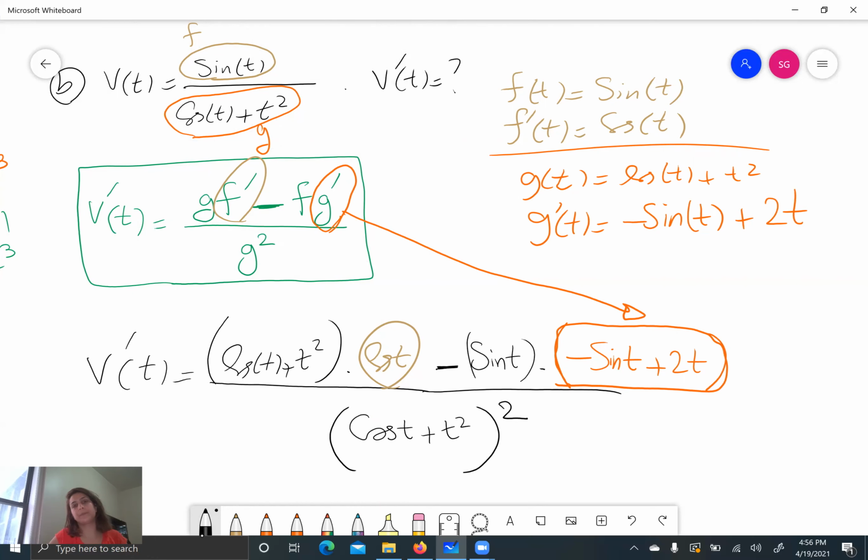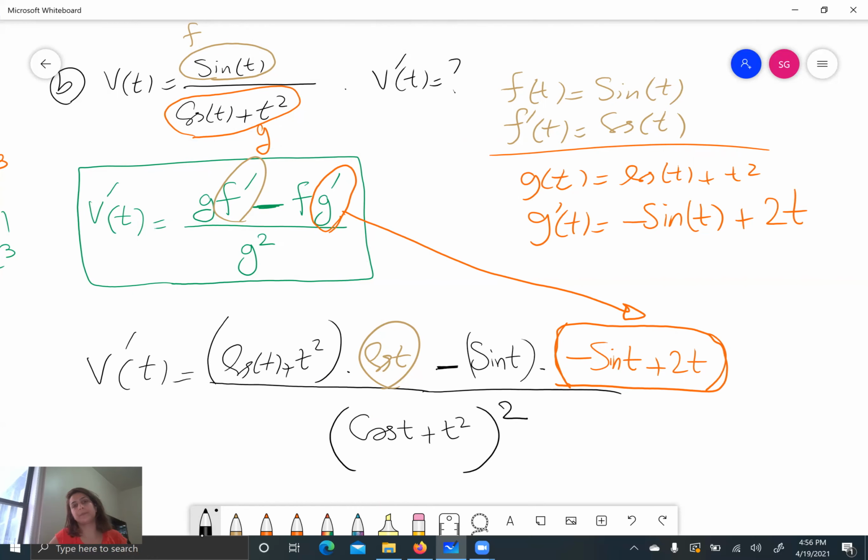Now, in the next step, I'm going to simplify those derivatives. So I'm going to copy cosine of x plus 2 times, what is the derivative of x squared? It's 2x, minus x squared times this derivative.